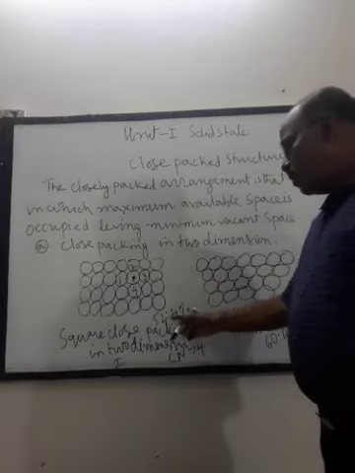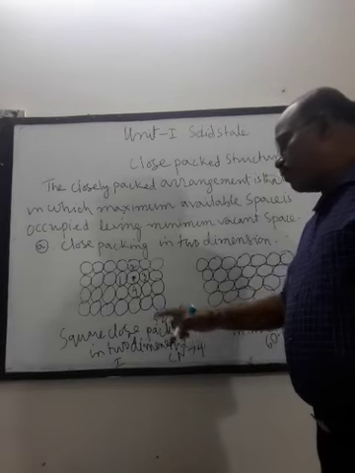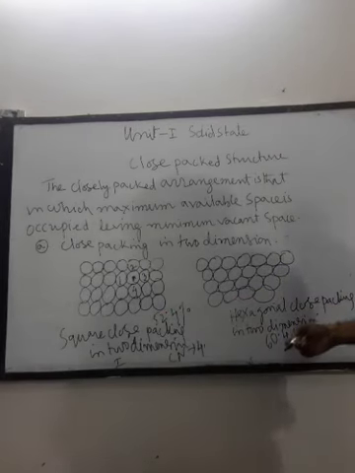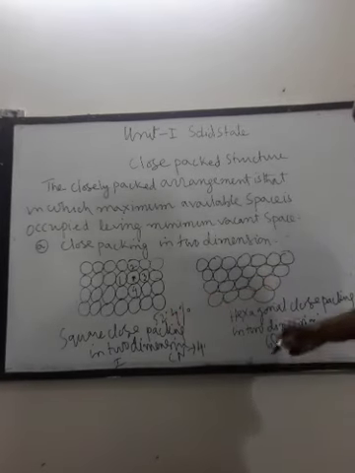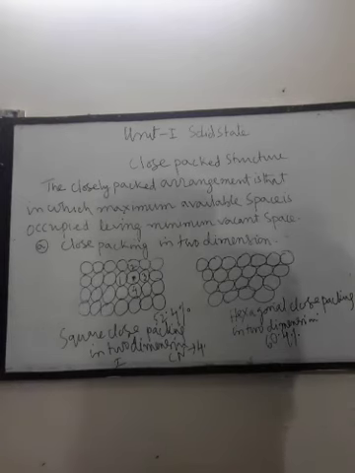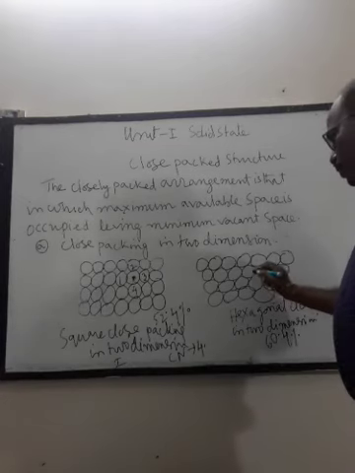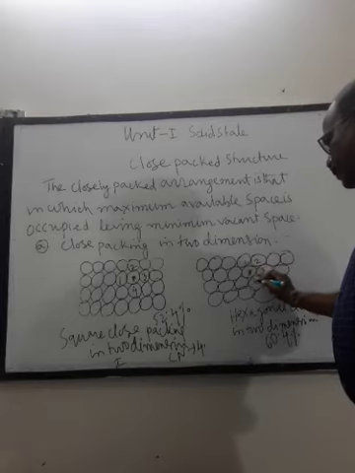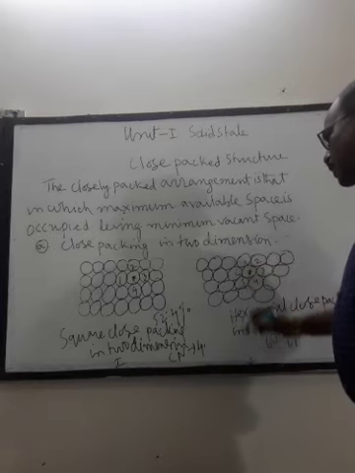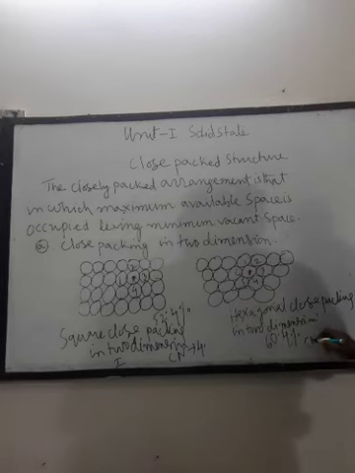Here occupied space is 52.4%, there more space is occupied, 60.4%. Here vacant space is 47.6%, here vacant space is 39.6%. If we concentrate on any sphere, it is in contact with 6 other spheres. So here coordination number is 6.